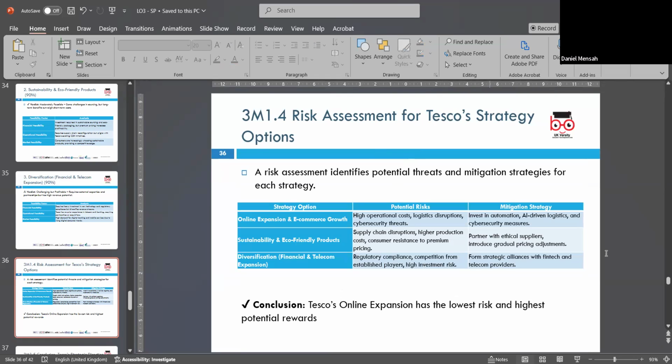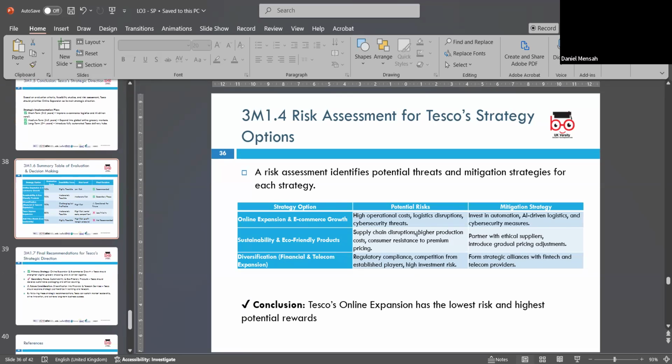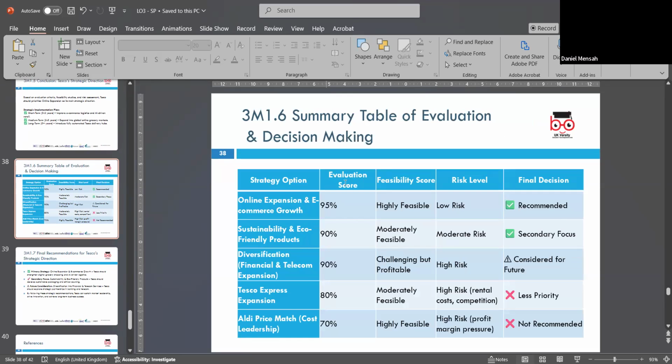But we will be running this risk assessment for each category, and based on the research, based on the results, you can figure out which one is the best option to choose for you. Now you are consolidating the result of all the steps into one table, evaluation score by implementing the criteria.